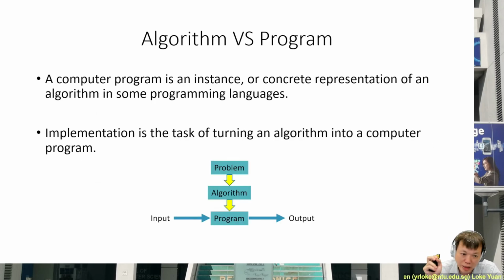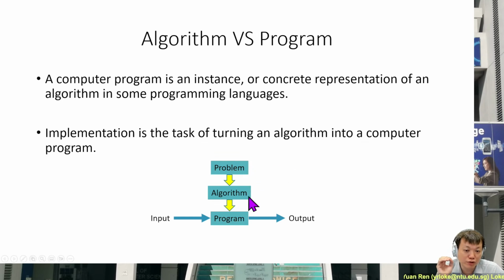Okay, so what is the difference between an algorithm and a program? Generally speaking, they are not the same thing. When I have a problem, the first step is to understand the problem, and then you sort out an algorithm, which is a well-defined step-by-step procedure that systematically solves the problem.